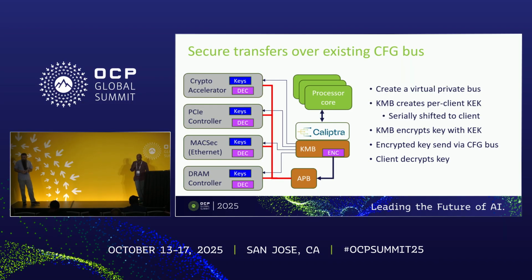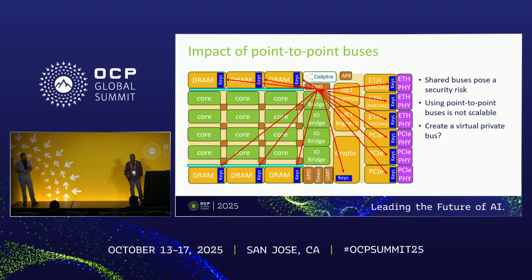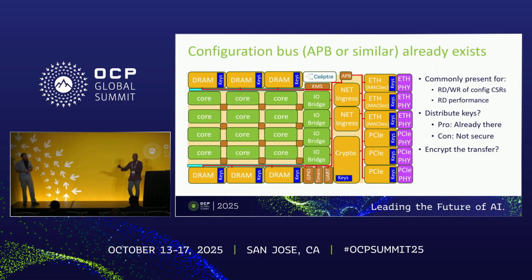Just to add to this, basically, the KMBs can be put in multiple tiers, going back to the picture. So you can have multiple KMBs sitting closer to DRAMs and Ethernet switches or maybe PCIe switches, so that KMB to KMB communication can happen in secure, logical secure channels, and from the nearby KMB to the actual controller, we can have a dedicated channel going, so that way we can simplify the overall network within the SoC.